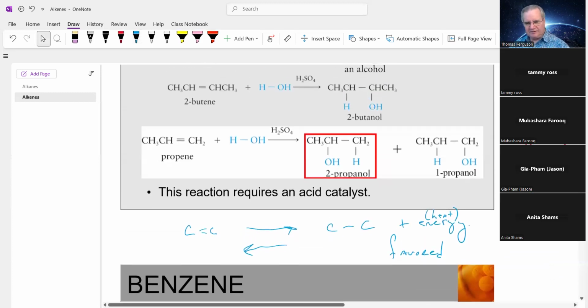So all reactions in nature are reversible. It's just that one is favored over the other. And the favored one gives off energy. The unfavorable one requires energy to work. So to create a double bond, we start with usually an alcohol. And so basically we're going to reverse this guy here.